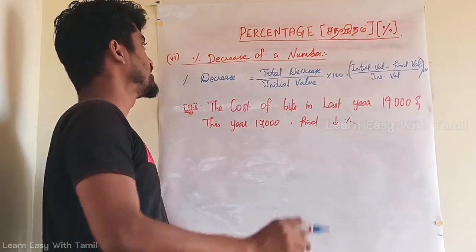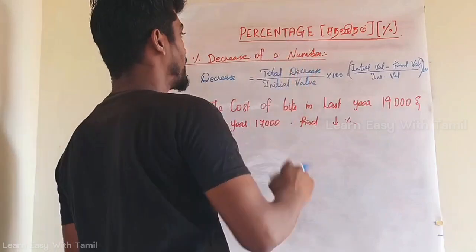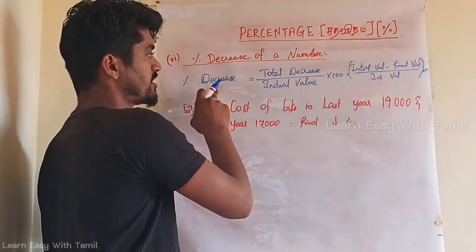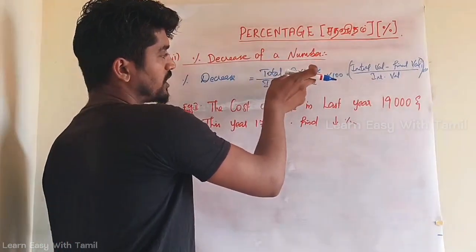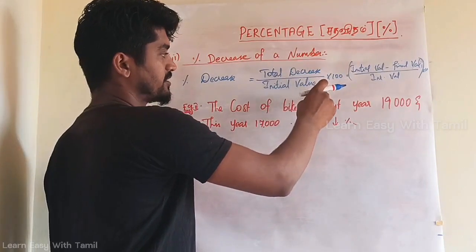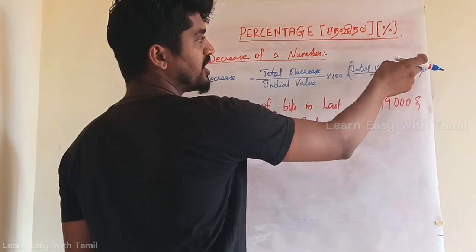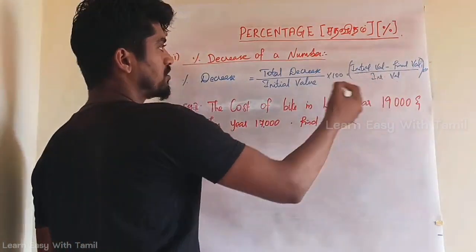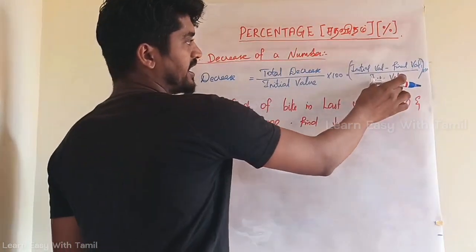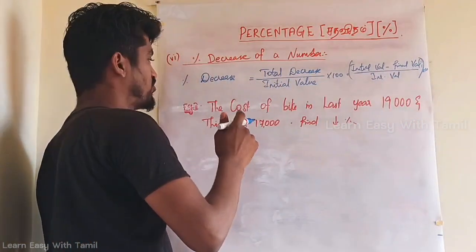The next method is to find the percentage of decrease of a number. The formula of percentage of decrease is the total decrease divided by the initial value, into 100. The total decrease value is nothing but the difference between the initial value and the final value, divided by the initial value, multiplied with 100 to convert into percentage format.